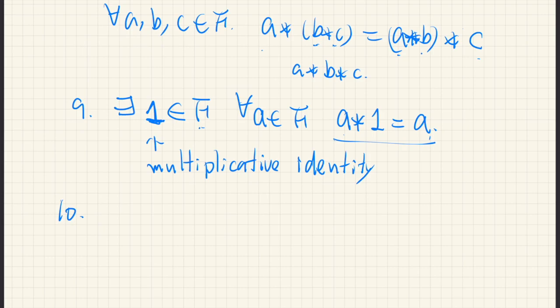And 10, the existence of multiplicative inverse. But we need to pay special attention to this.